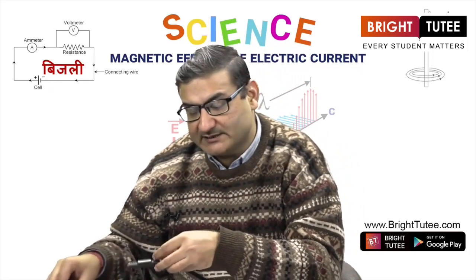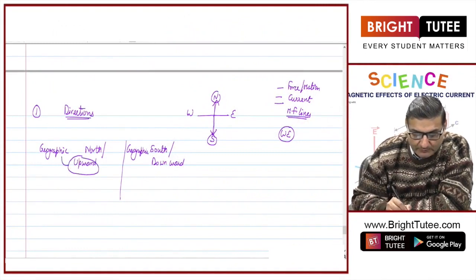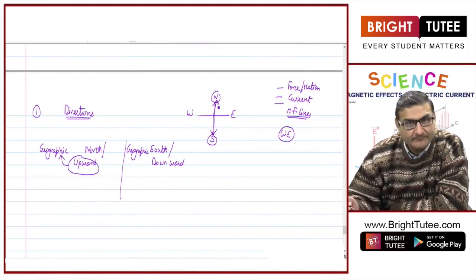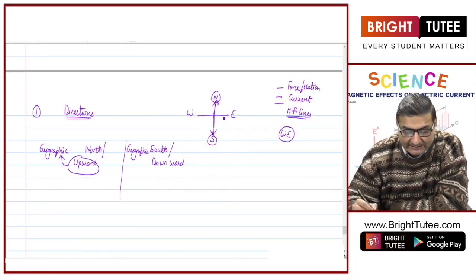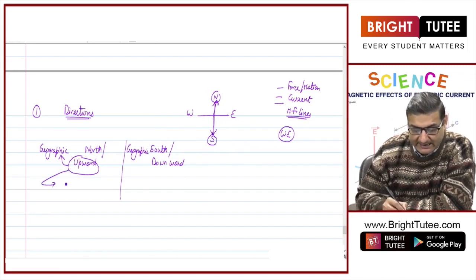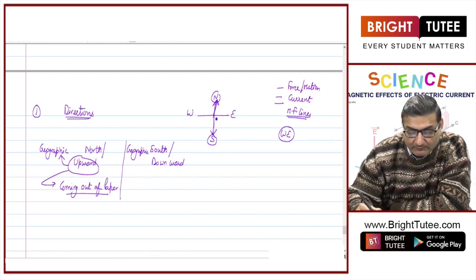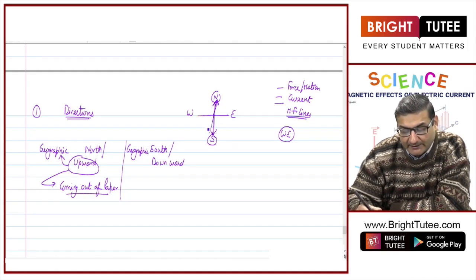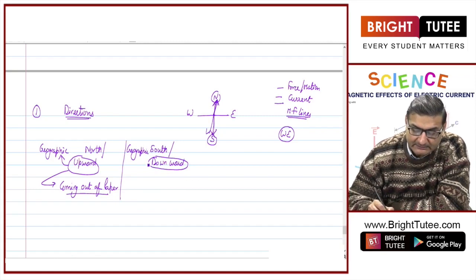So for that differentiation, one upward we relate to geographic north, and if something is coming upward, that upward is represented as coming out of the paper, right? I am not talking about north, I am talking about it coming out of the paper. Or downward, when I say there are two downwards.